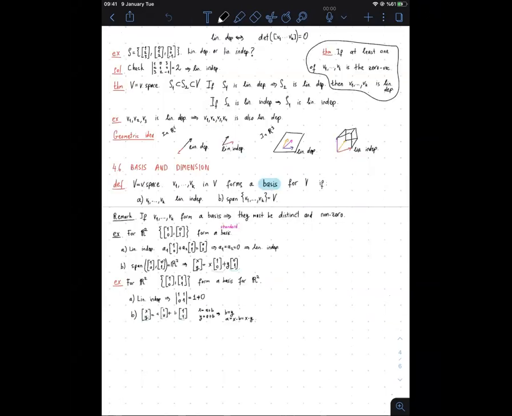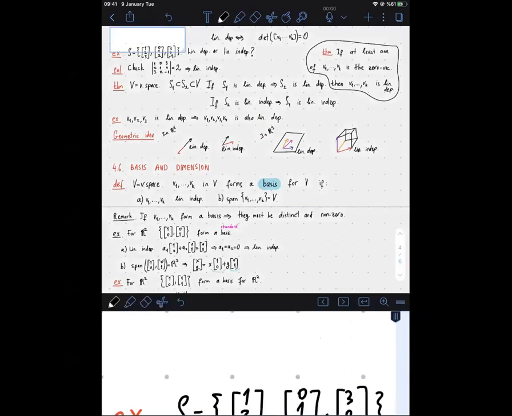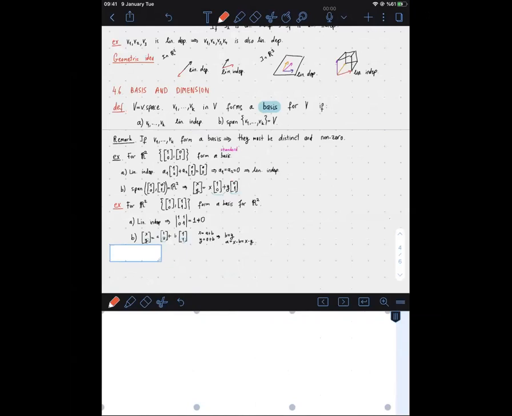Okay, so let's look at some other examples. For example, this can be generalized to R3.